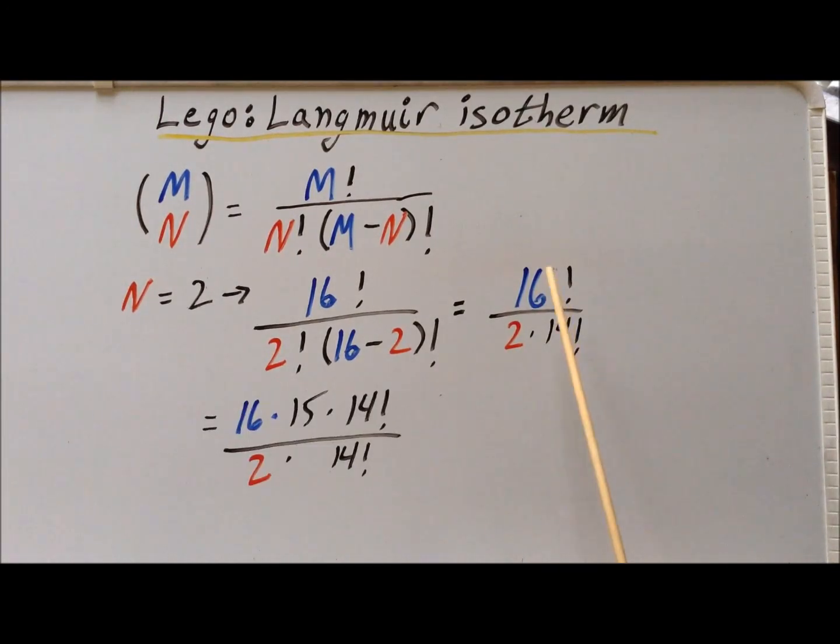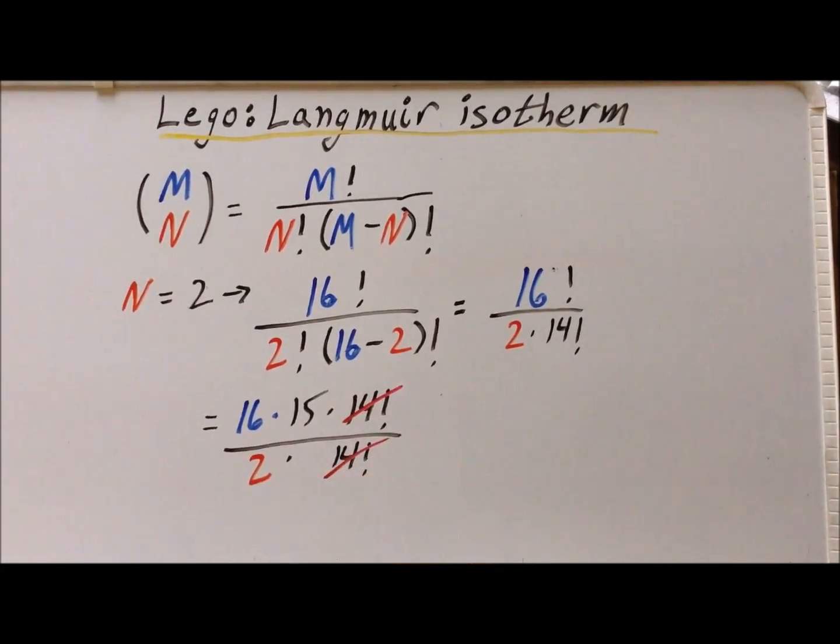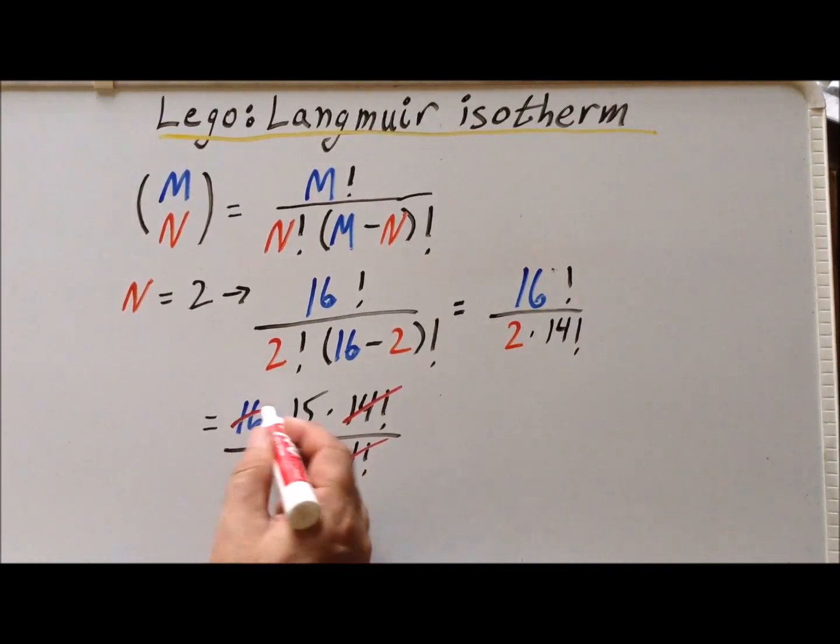Again, using the properties of factorials, we can rewrite 16 factorial as 16 times 15 times 14 factorial. Our denominator is 2 times 14 factorial, so we notice that we can cancel 14 factorial from both numerator and denominator. Even more than that, we notice that we can cancel 2 into 16, which gives us 8.